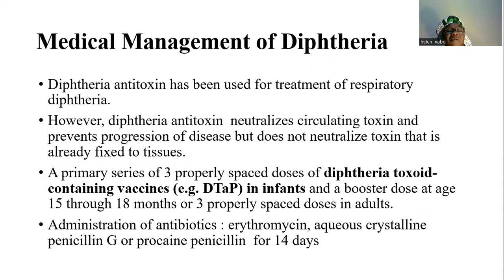A primary series of 3 properly spaced doses of diphtheria toxoid containing vaccines, for example, DTaP vaccine, which is a combination of diphtheria and tetanus toxoid and acellular pertussis components, is given.